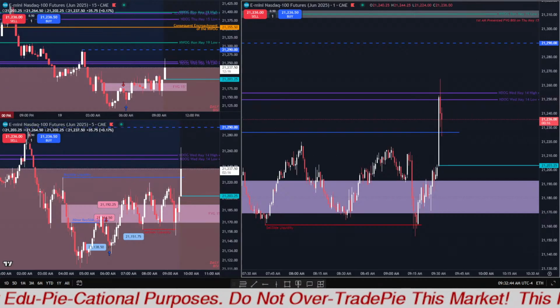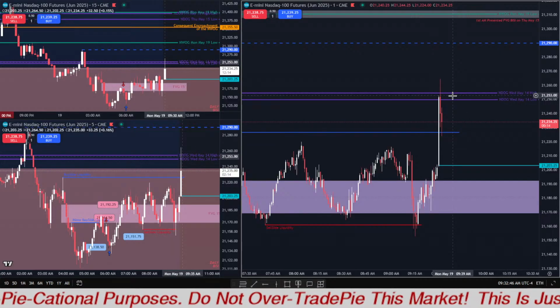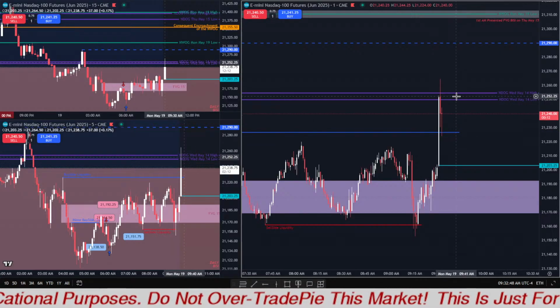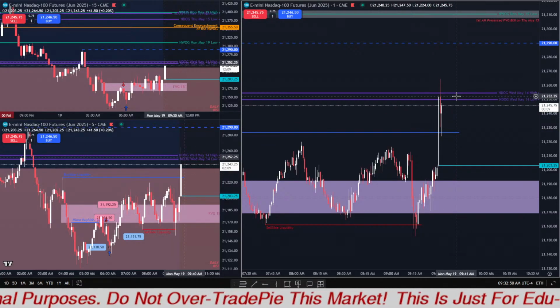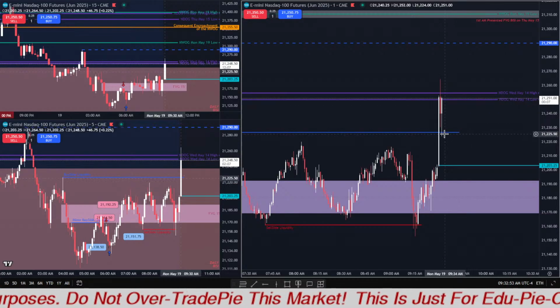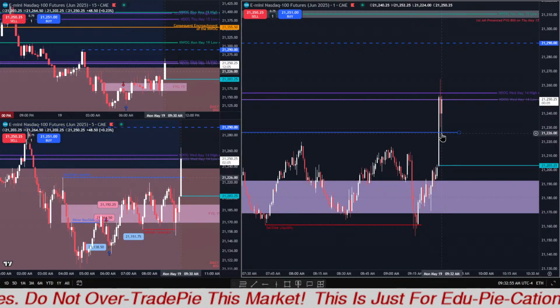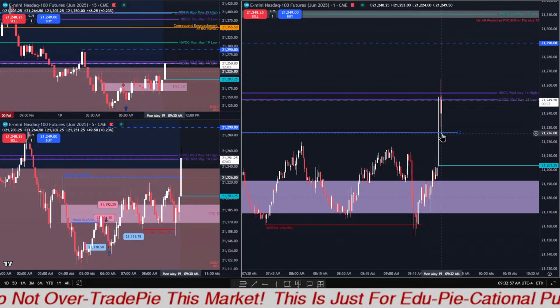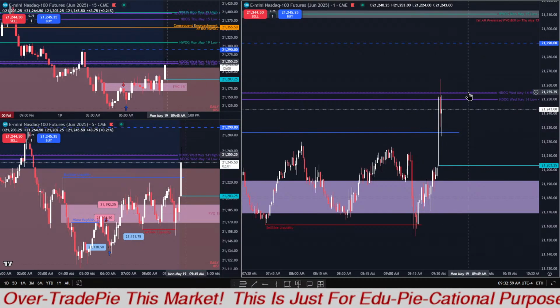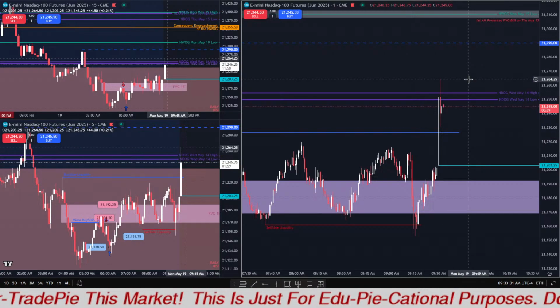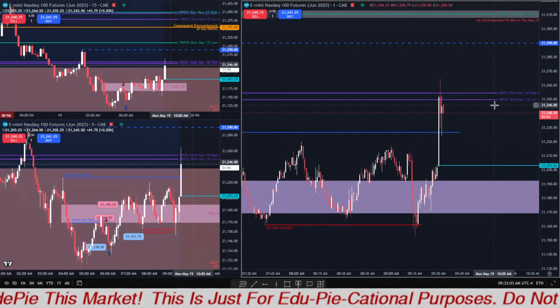So far we respected the consequent encroachment of the new day opening gap, and after touching the low of this buy side liquidity, we started going higher and touching the new day opening gap low again.